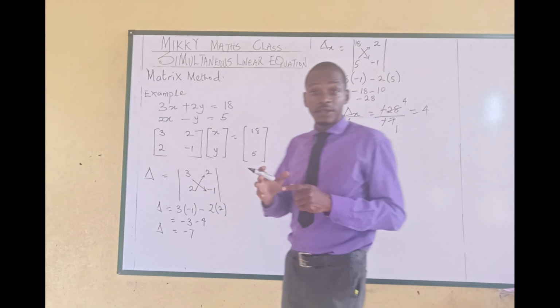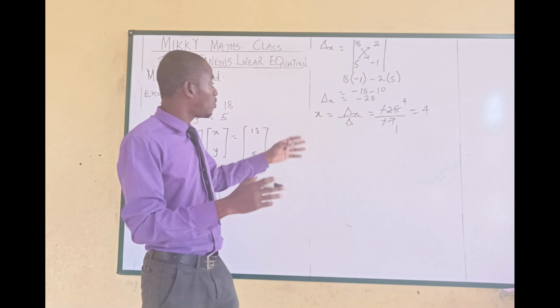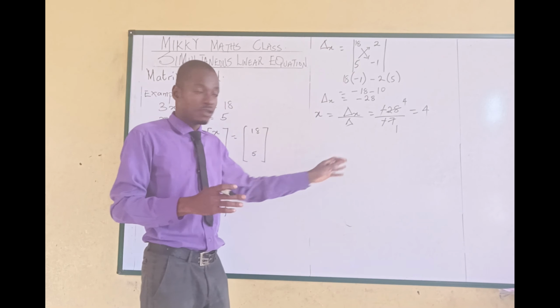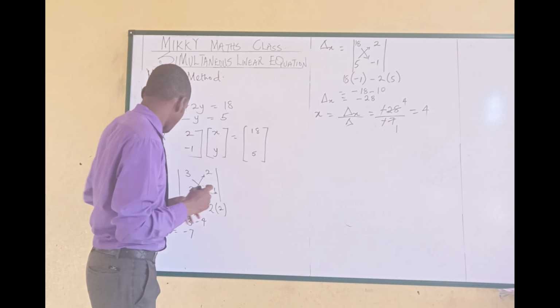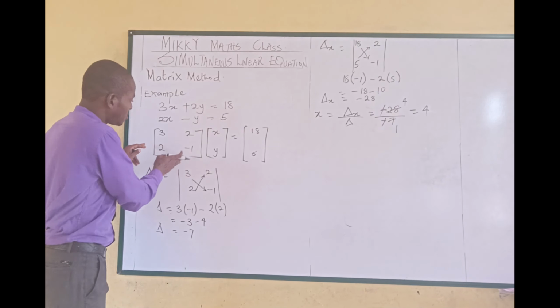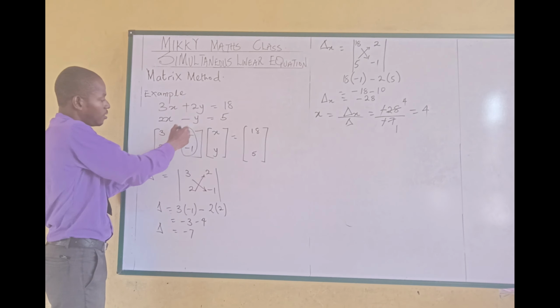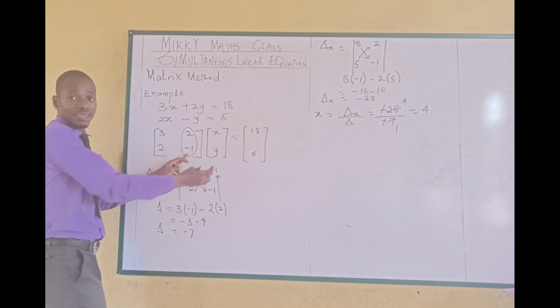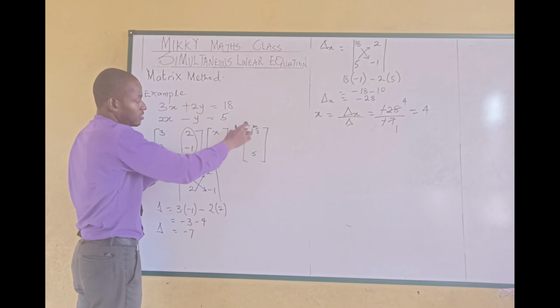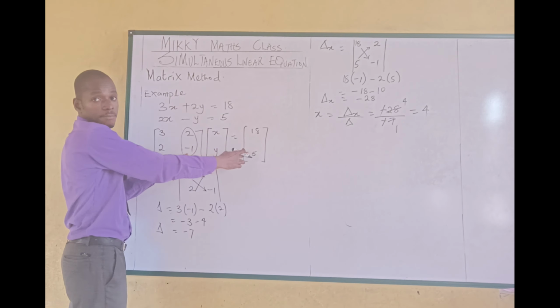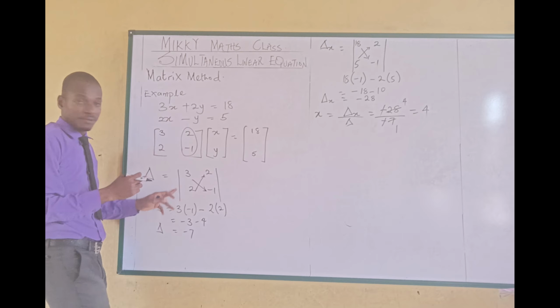We'll do the same thing for y. Now let's look for y. This is our matrix, and this is the column for y. So I replace it by the constant terms here, just like I did for x.